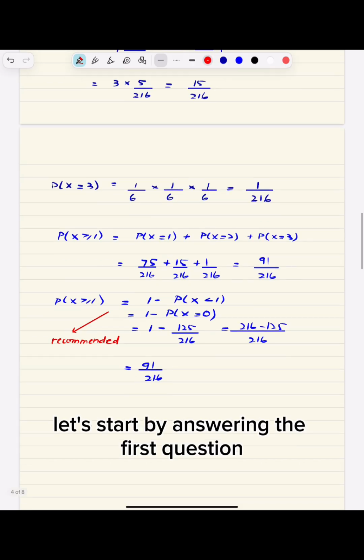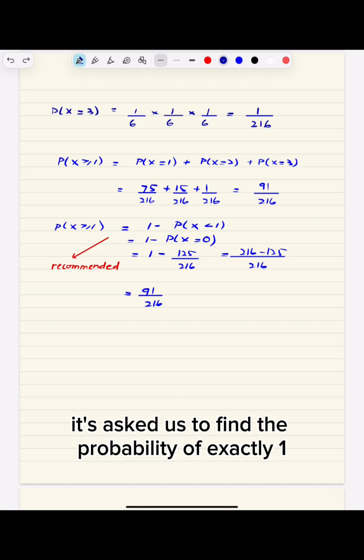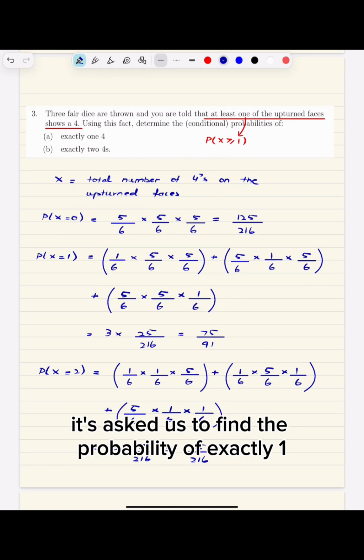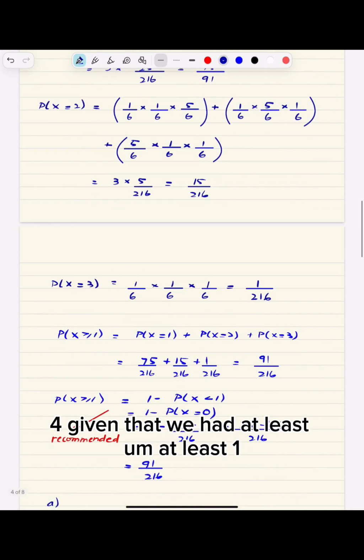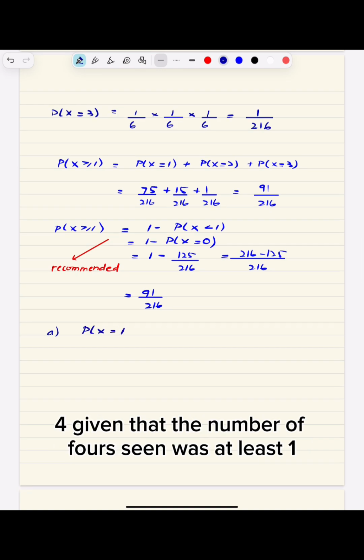Okay, let's start by answering the first question. It's asked us to find the probability of exactly 1 four, given that we had at least one 4. Okay, so the probability of the upturned face showing us one 4, given that the number of 4s seen was at least 1.